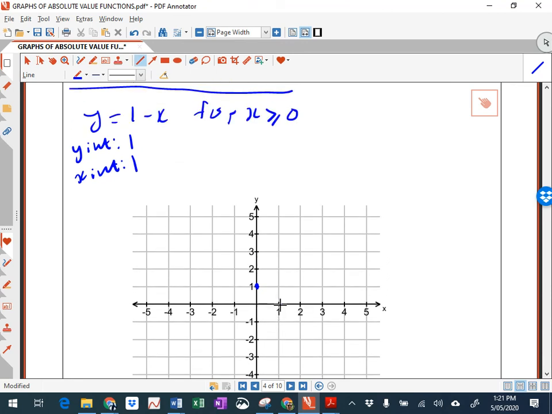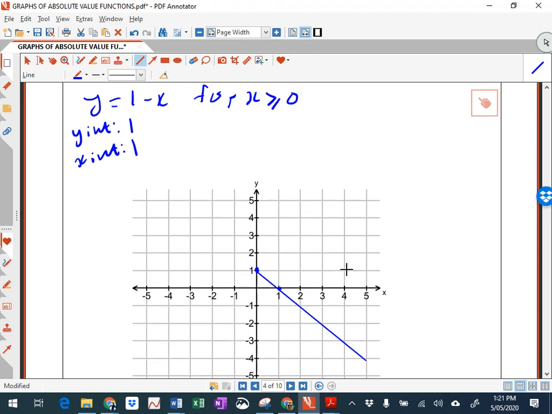Okay, so you're going to line your ruler up from here, or from there if you like. There we go. So I've sketched that for x values bigger than or equal to 0. There we go. Good. And put an arrow on the end of that.